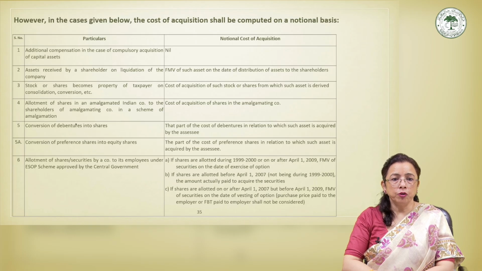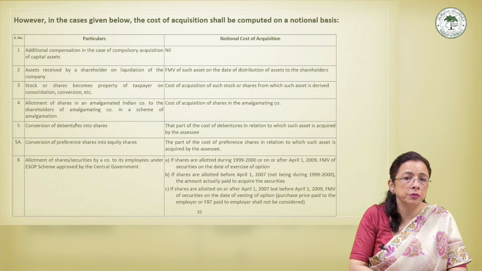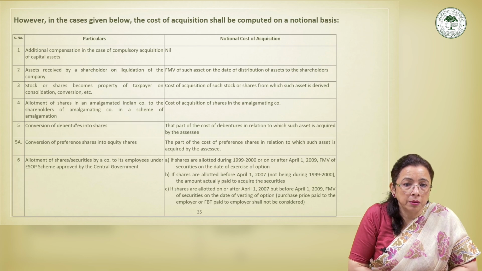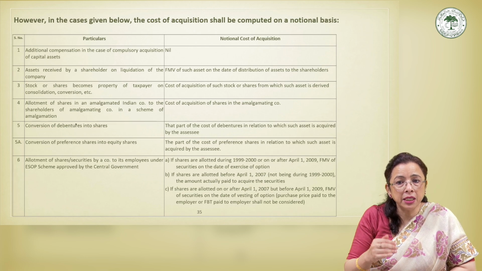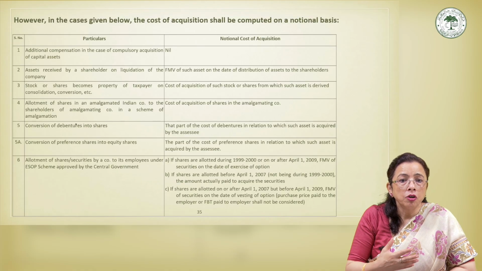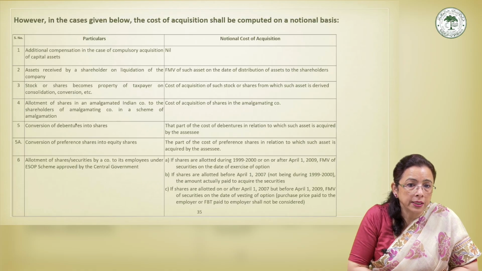Next, we have shares received in amalgamation. In a scheme of amalgamation, when two or more firms amalgamate together, the shareholders of the amalgamating company may receive the shares of the amalgamated Indian company in exchange for their old shares.